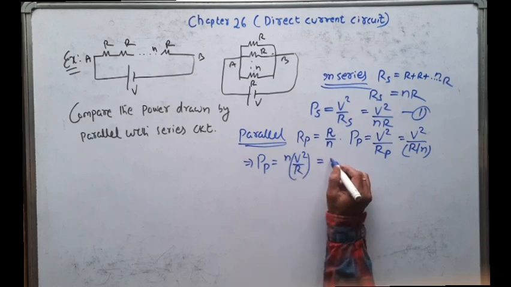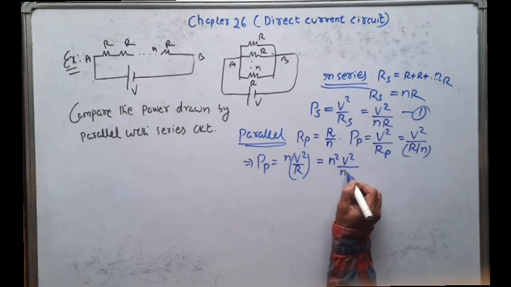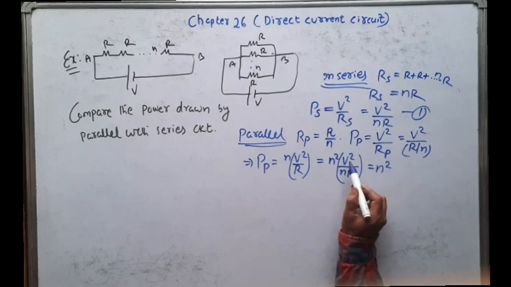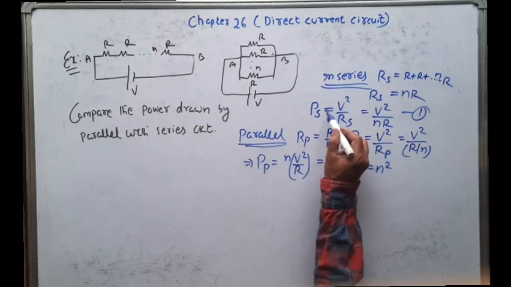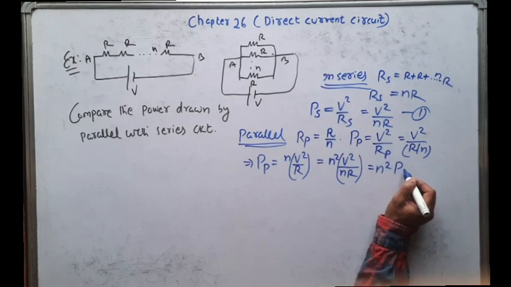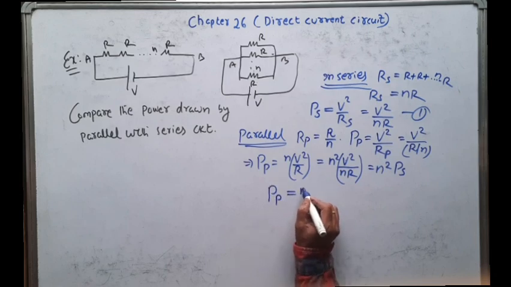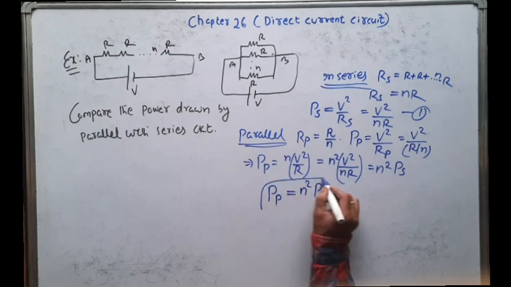If you multiply N in numerator, it is N square V square, divided also by N, so NR. So that is equal to N square times V square by NR. But what is V square by NR? V square by NR is nothing but the power consumed in the series circuit. So we got a formula: power consumed in the parallel circuit is N square times the power consumed in the series circuit.